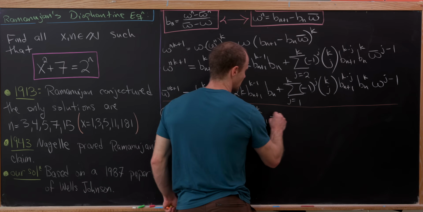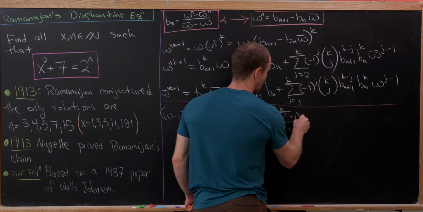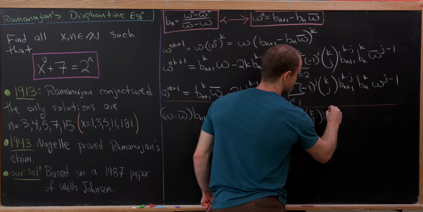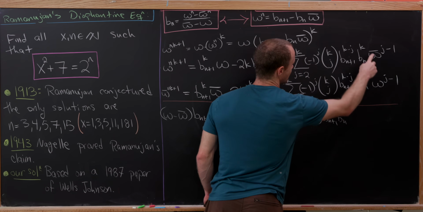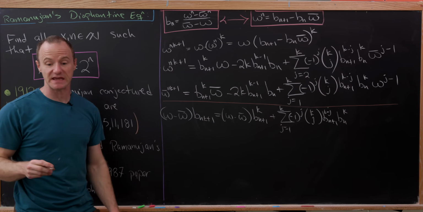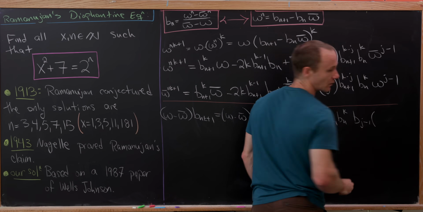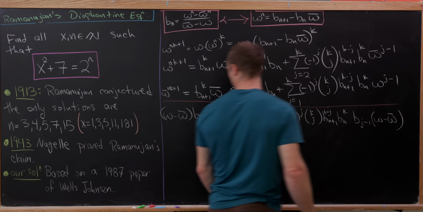And then over here we'll have this sum. j goes from 1 up to k, minus 1 to the j, k choose j, bn plus 1 to the k minus j, bn to the k, and then that difference introduces another one of the b's. It's going to be b sub j minus 1 times omega minus omega bar.